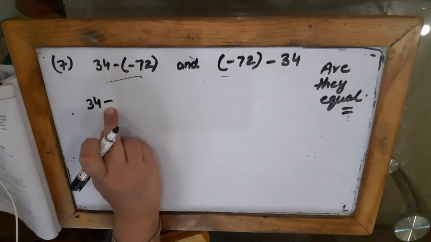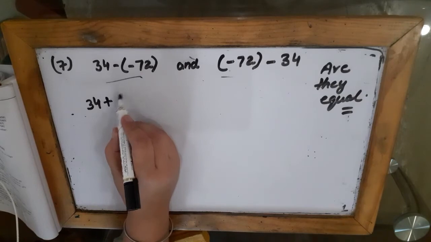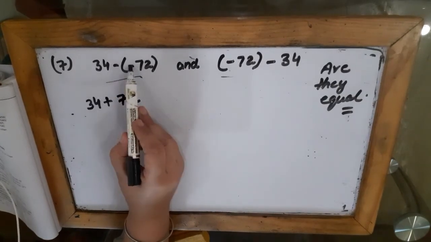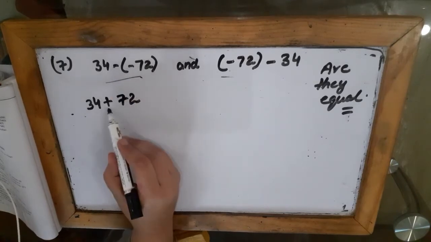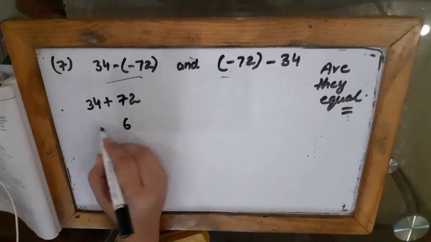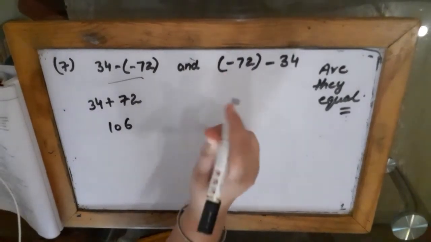I'll change this into a sum of addition, and I'll change the sign of the second integer. This is negative, so this will become positive. Also I said minus and minus together becomes positive. Okay, so let me solve this part first. So 106.